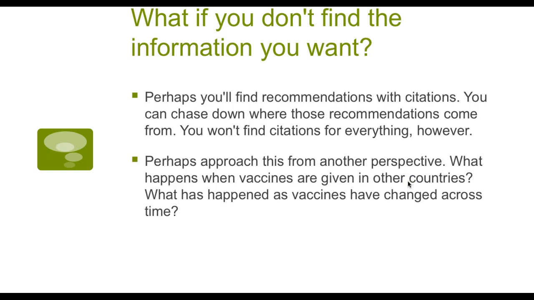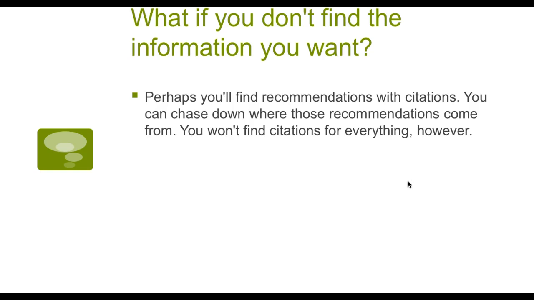Perhaps you can approach your hypothesis from another perspective. For example, you may not find a nice experimental study of the relationship between autism and vaccines, but you might see what happens when vaccines are given in other countries. Or you might see what happens as vaccines have changed across time.